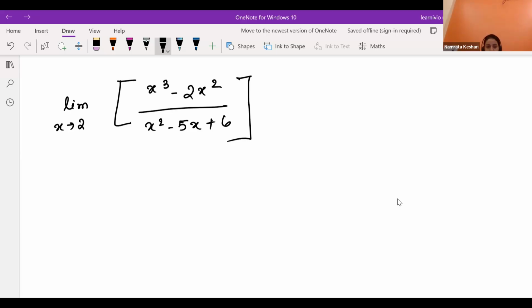Ma'am, it's 0 by 0 again. Again 0 by 0, and whenever we are getting 0 by 0, that means we need to do the simplification. Please try doing the simplification.